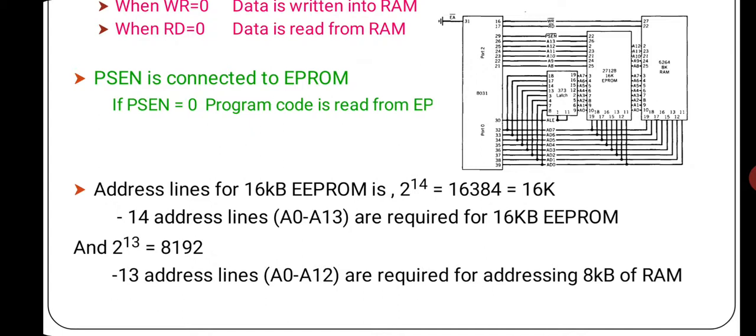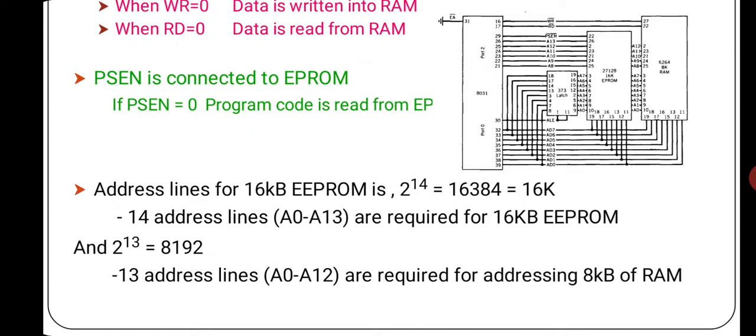Now if you want to increase your RAM memory to 32 KB, how much is it at present? 8 KB with 13 address lines. If you want to make it 32 KB, that means 2 raised to 15, right? 2 raised to 15 will give you 32,000 and so on.